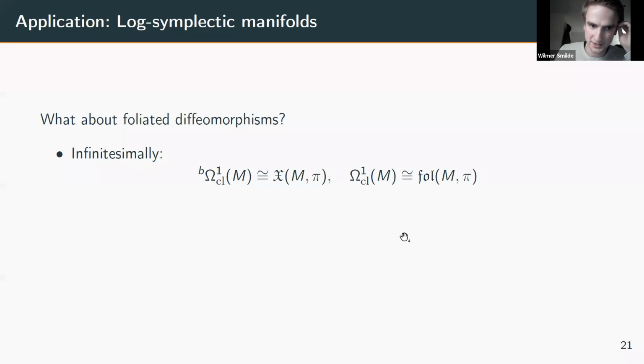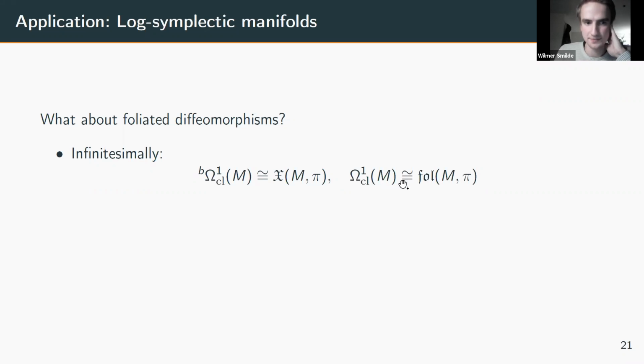If you look at what this isomorphism does on the closed one forms, which sit inside the B closed one forms, then we obtain exactly the foliated Poisson vector fields. And note that this should also be the locally Hamiltonian ones.